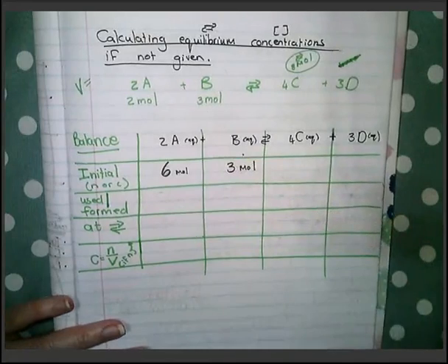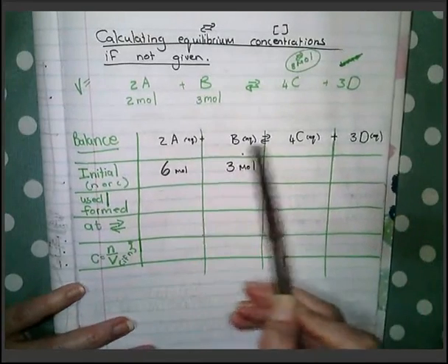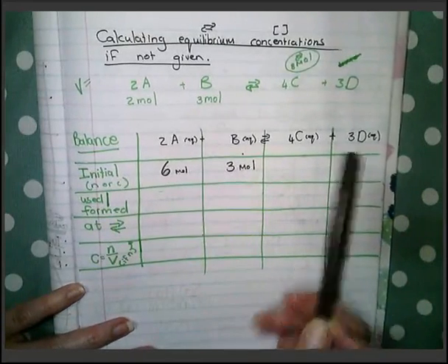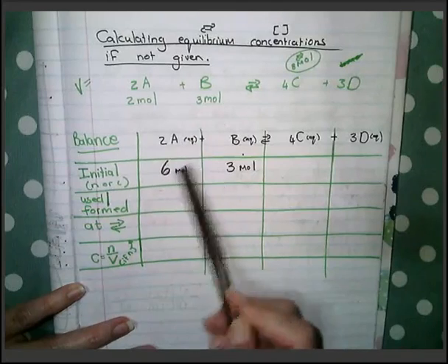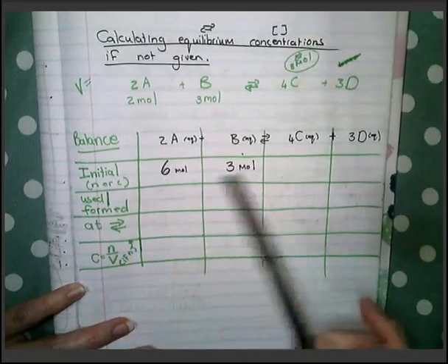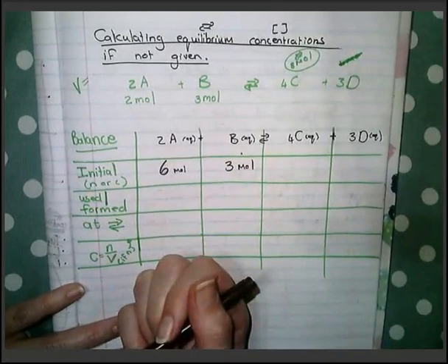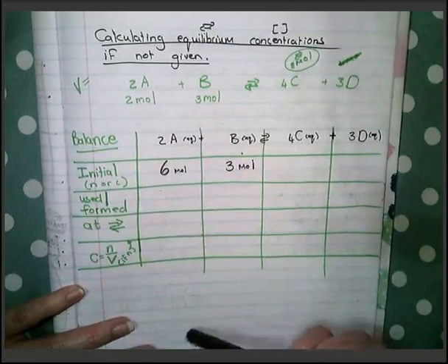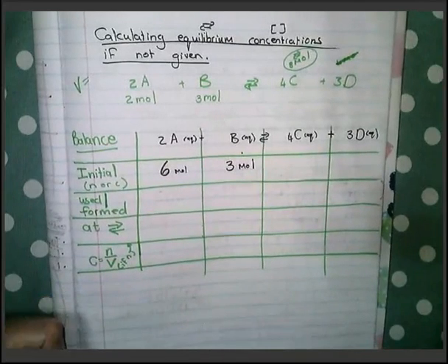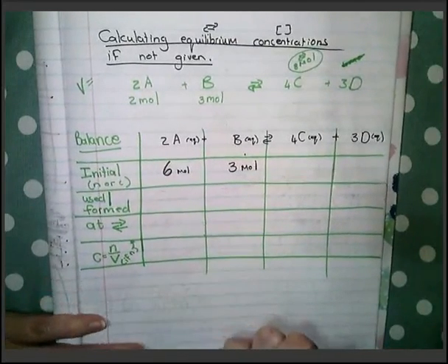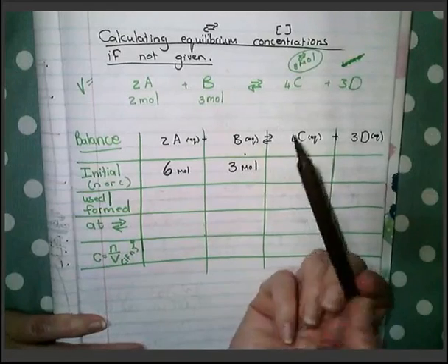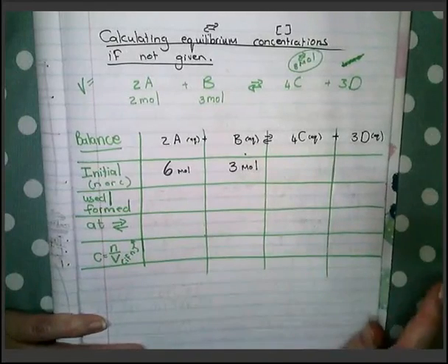But they could just give you a balanced reaction and tell you how much you had of one thing in the beginning and how much you had of another thing after reaction. So what you do then, and you will definitely get a question like this in the exam, you can be sure of that, is follow a general pattern.